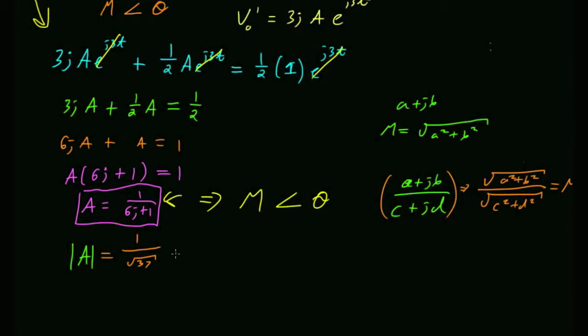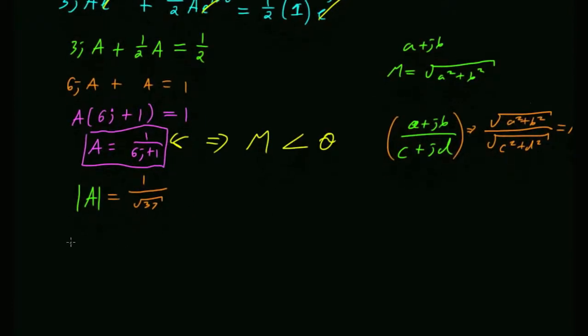Good. You take the square root of the real part squared, which is 1, and the imaginary part squared, which is 6. So 1 squared plus 6 squared is 36 plus 1, 37. You don't take the square of the j, you just take the square of the coefficient of the j.